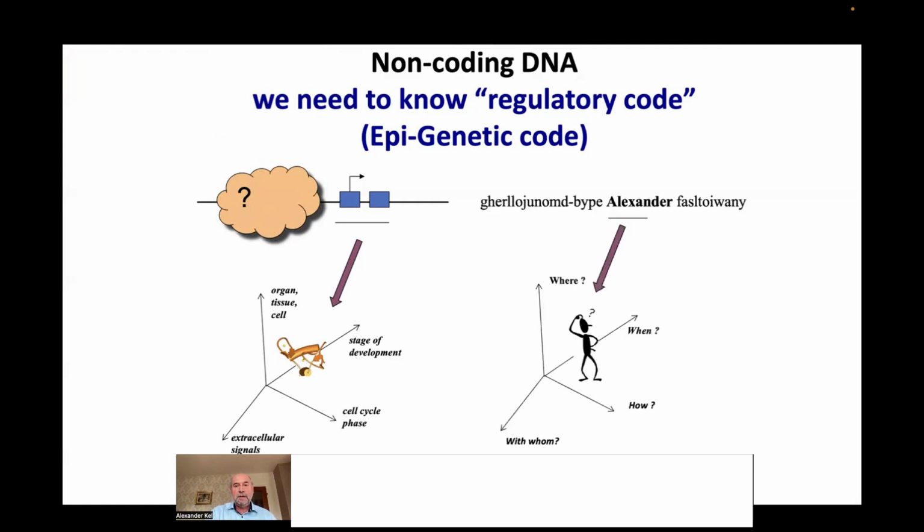It's like we have some text whose language we don't know, and we understand only a small part of it, which codes for the gene. But the instruction what to do, where to go, when, under which conditions, is encoded somewhere in the text, and we don't know how.